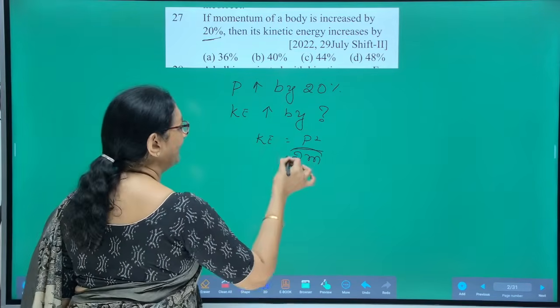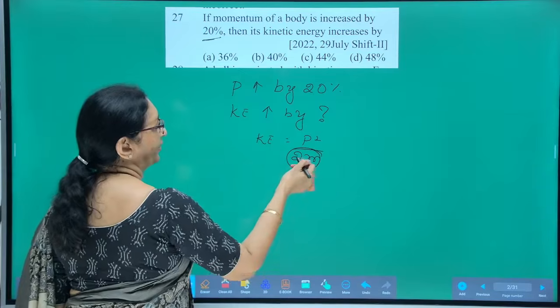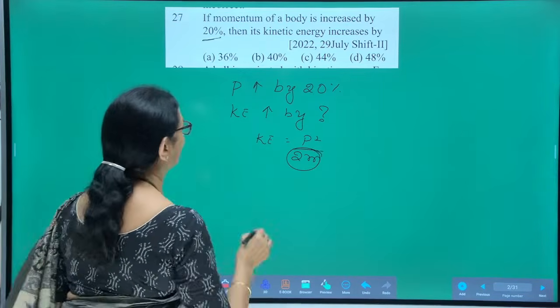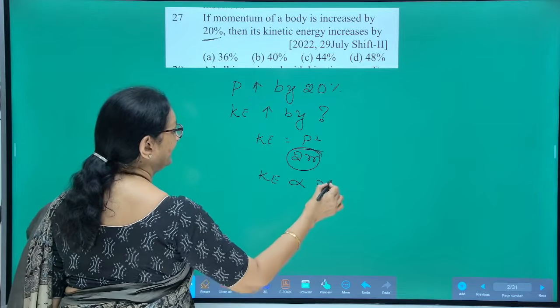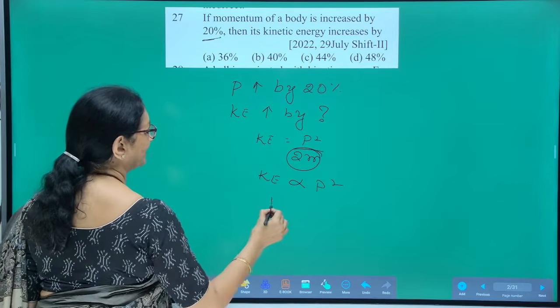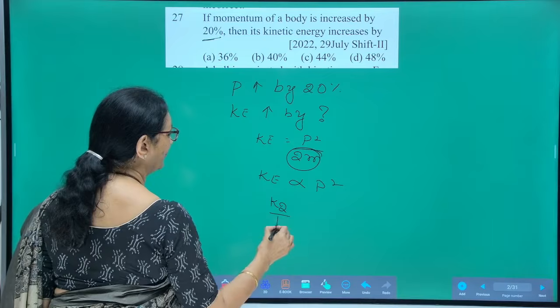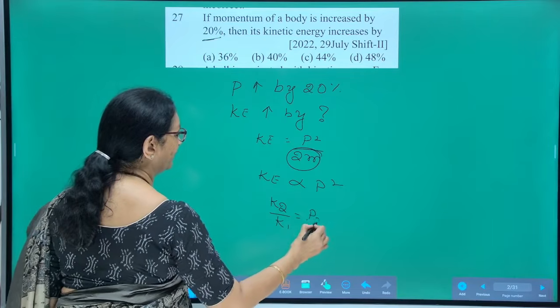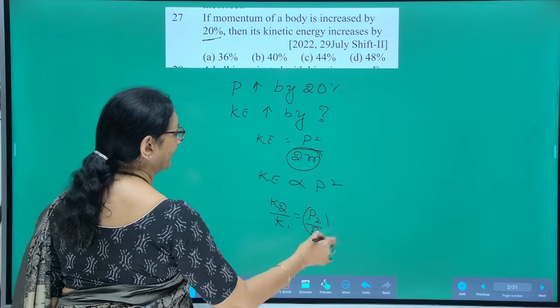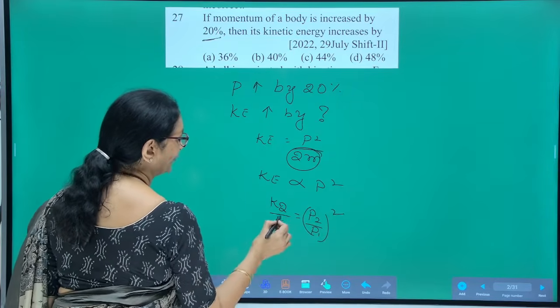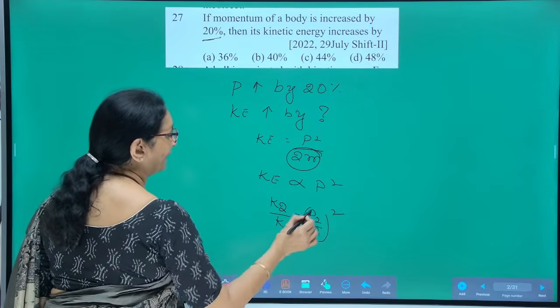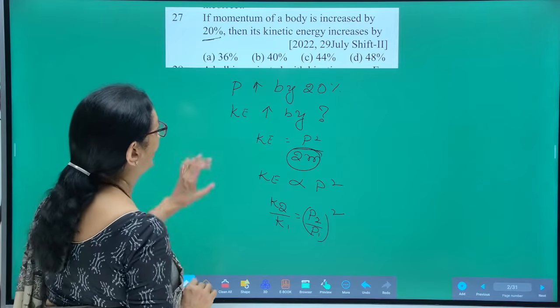For the same body, m is constant, and 2 is anyway a constant factor. So KE is proportional to P square, or K2 by K1 is equal to P2 by P1 whole square.